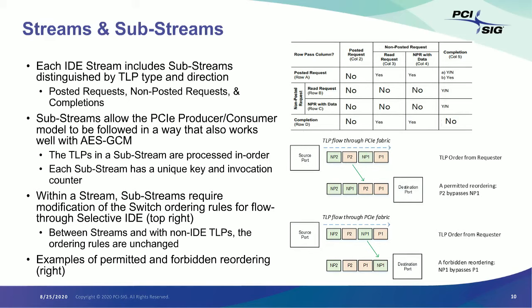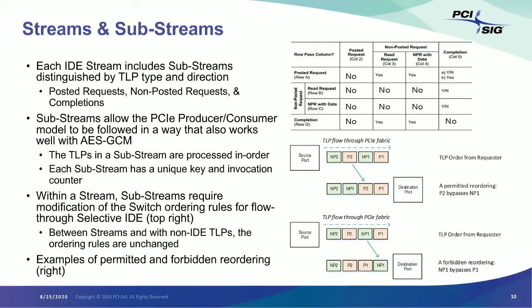And so the substream mechanism, which is one of the more subtle and potentially confusing aspects about IDE, is fundamentally designed in order to handle this retrofitting of AES-GCM, which really kind of wants the traffic to flow in order, with the PCI ordering model that would have allowed certain kinds of reorderings.